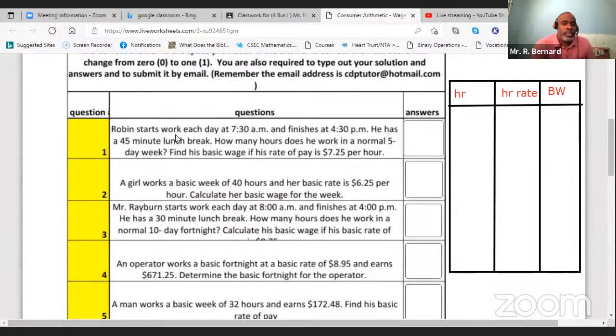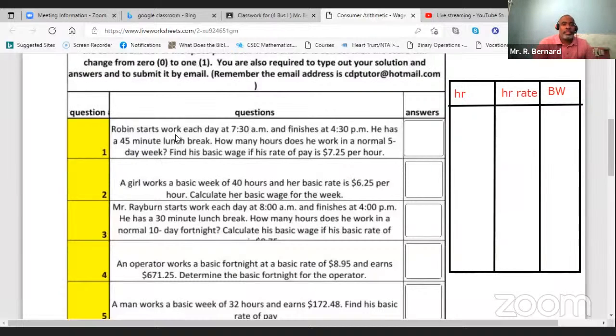For the 5-day week, from 7:30 to 4:30, we saw it was 9 hours, right? And if you took the 45 minutes out of that 9 hours, it would have been 8.25 hours.